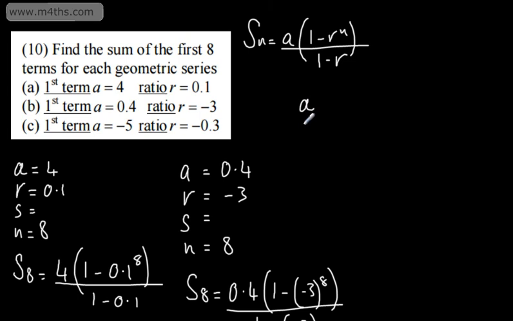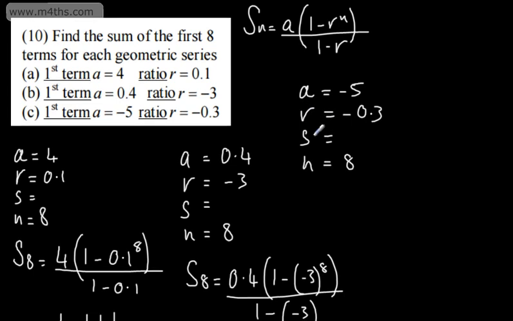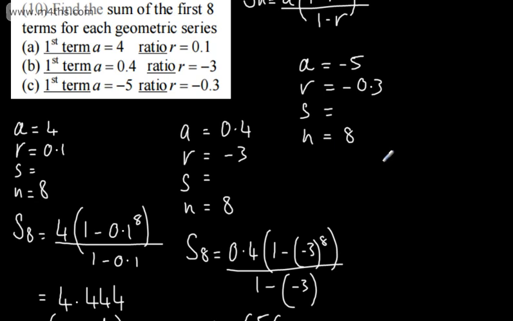We've got now A, R, S and N to write out. A is going to be -5. The ratio is going to be -0.3. We're looking for the sum, and now we've got a value of N, which is 8. The advantage also of using this is that if we don't need to find S and we need to find, for example, N or A, then we can just rearrange the formula.